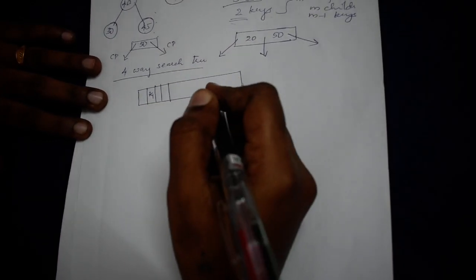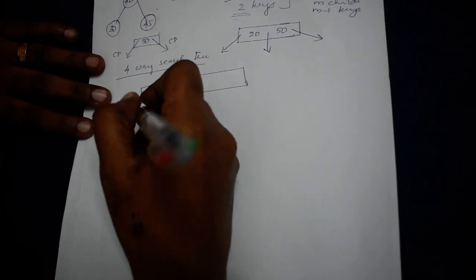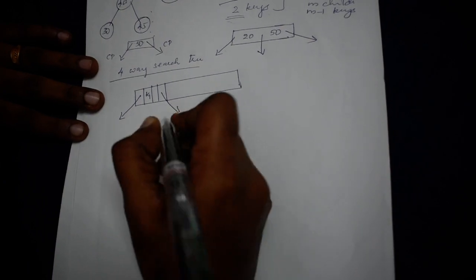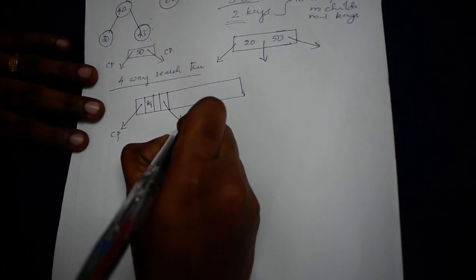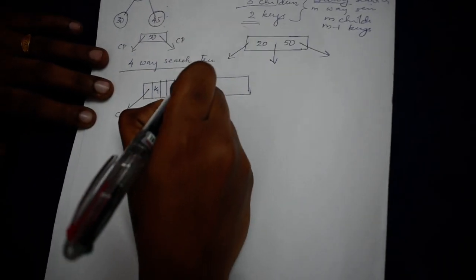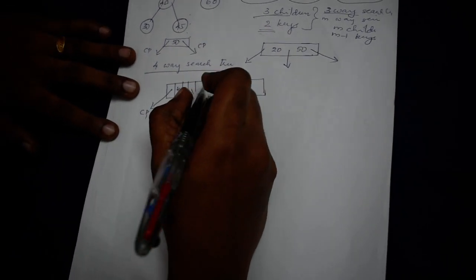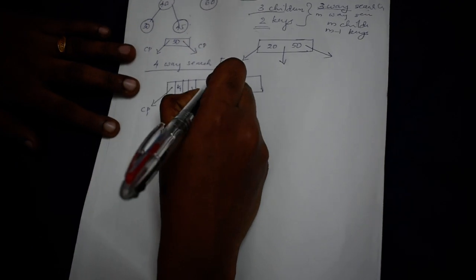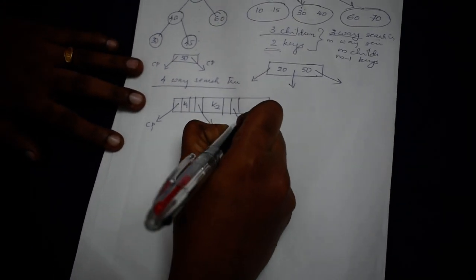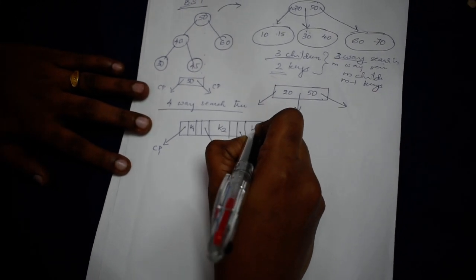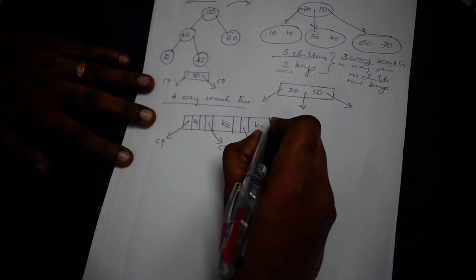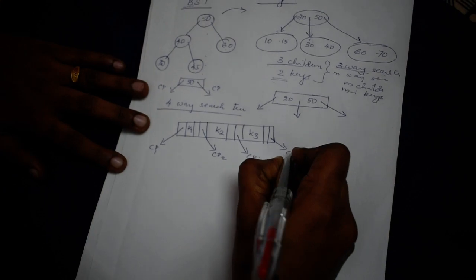This is its left pointer, this will be its right pointer. So this is child pointer 1, this is child pointer 2. Next, this is the next key, this is child pointer 3. So next, this is the next key, this is child pointer 4.